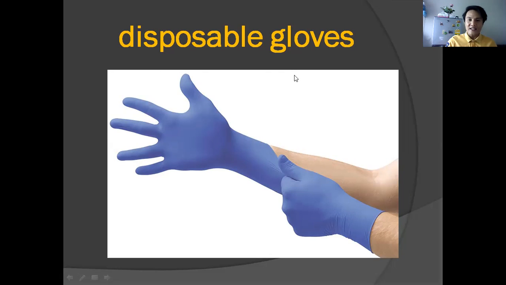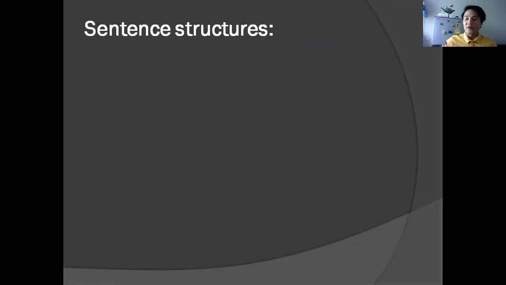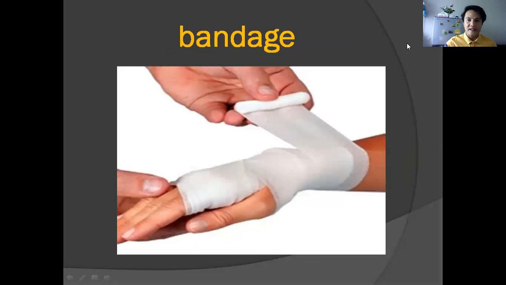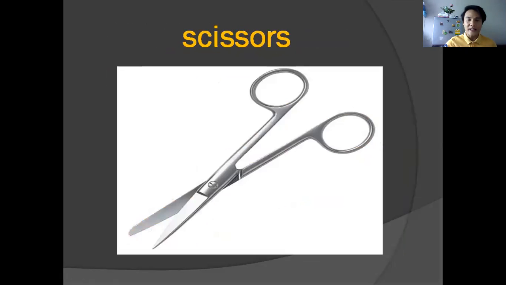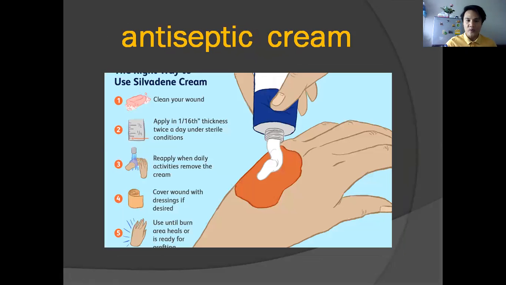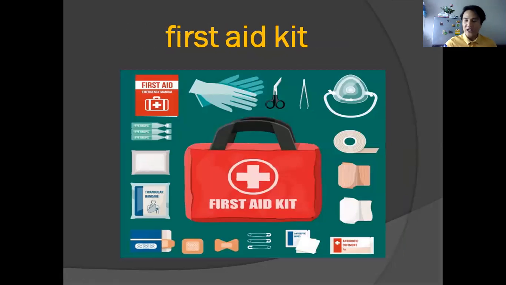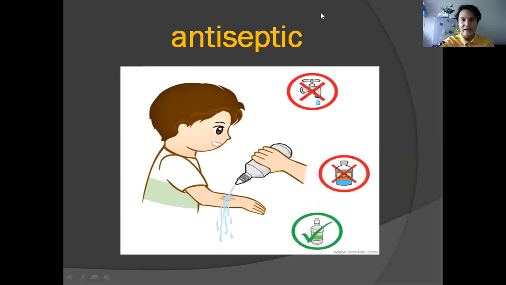We are finished. So let us repeat to review our vocabulary words. First is, what is it again? First aid kit. Repeat, first aid kit. Next, do you still remember?